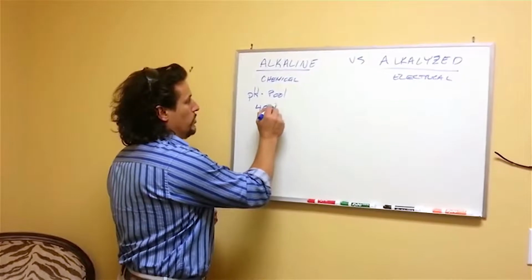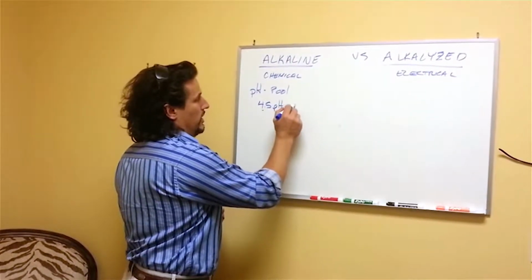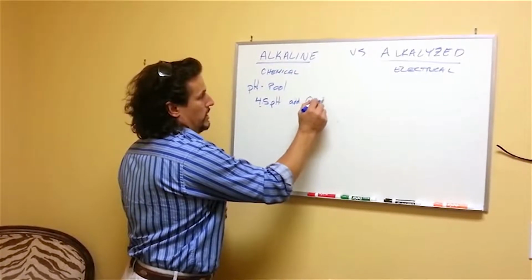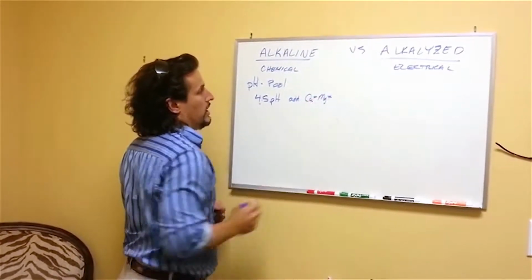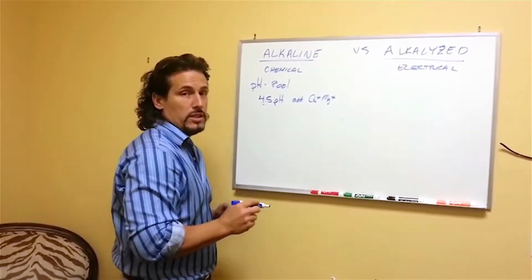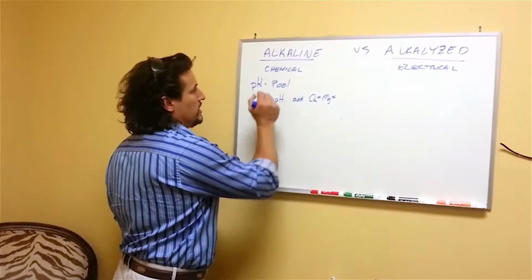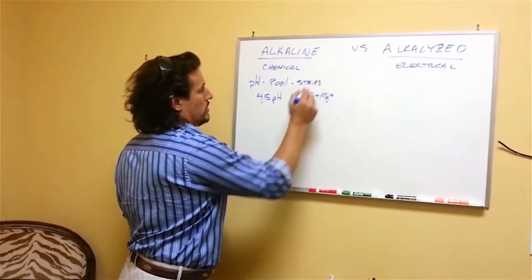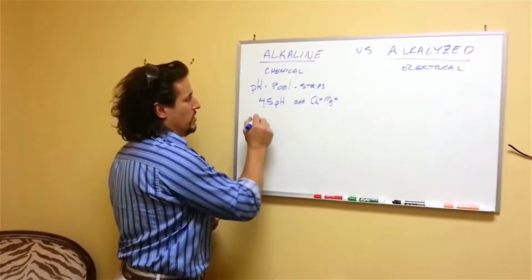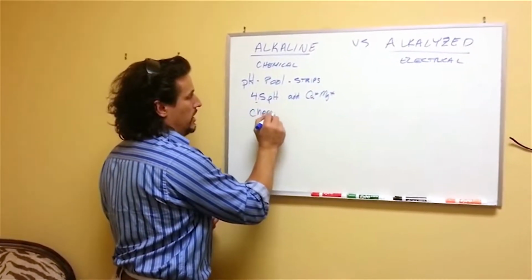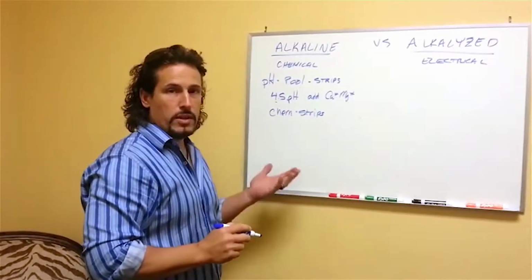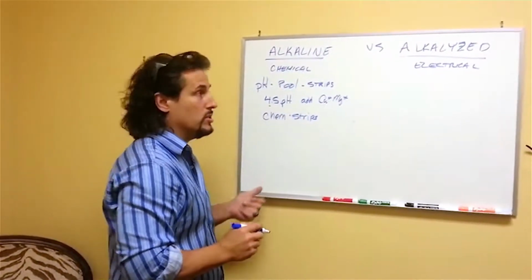Well, with a pH of 4.5, you would then add either calcium or magnesium or some like that to increase the alkalinity. What the pH strips are looking for is they're actually known as chem strips, which means they're looking for a chemical composition change.